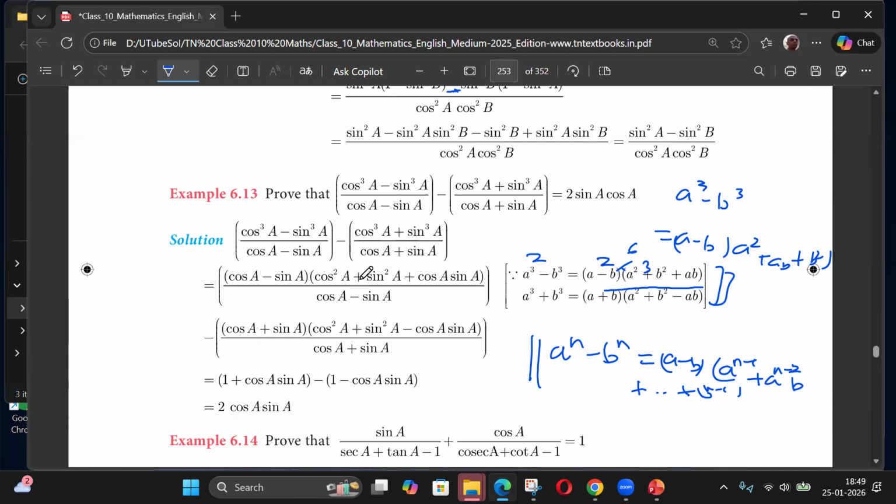Only the second order will remain. So the denominator will be this one by this one. The denominator cancels. This thing will go, and this will go with this one. So only the numerator will be there.